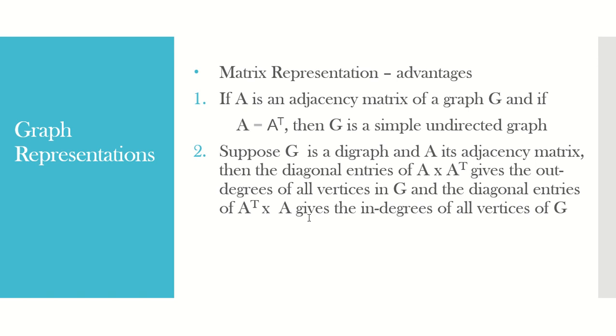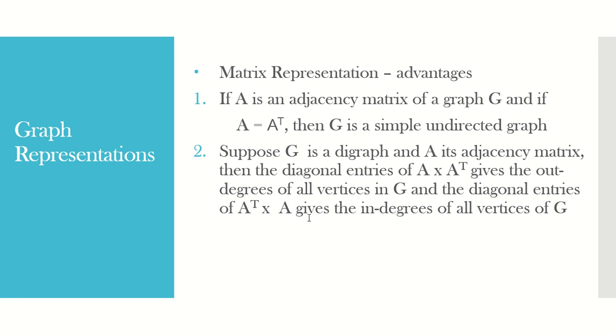Now, suppose G is a digraph and A is its adjacency matrix. Then the diagonal entries of A multiplied with A transpose give the out degrees of all vertices in G, and the diagonal entries of A transpose into A give the in degrees of all the vertices of G. So this is another advantage. If you are given an adjacency matrix of a digraph, you have to find the transpose of the matrix and multiply it with the original one as A into A transpose.